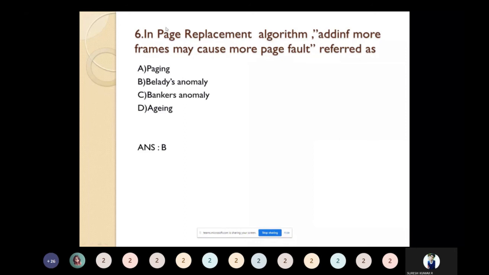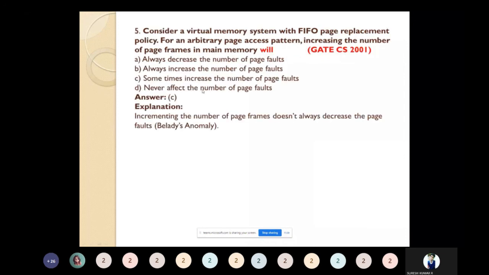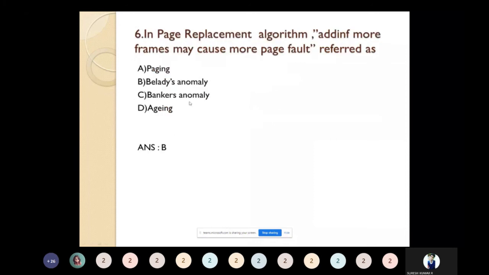Same thing as the previous two questions: when page frames are increasing and page faults are increasing, which method? Belady's anomaly. In the explanation also, the frames are increasing and page faults are increasing. This is the Belady's anomaly method. So my answer is B, Belady's anomaly method.